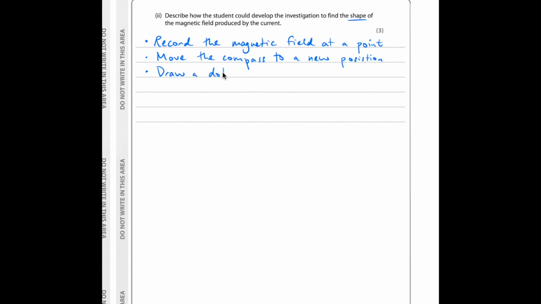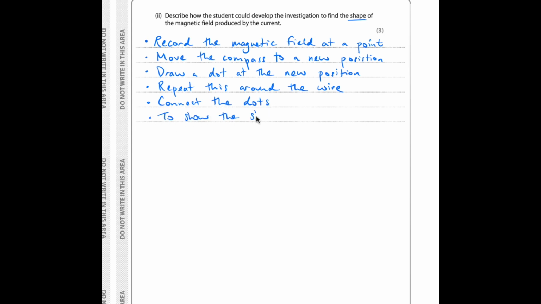Draw a dot at the new position. Repeat this around the wire. Connect the dots to show the shape of the magnetic field. So you'll definitely get 3 marks for that.